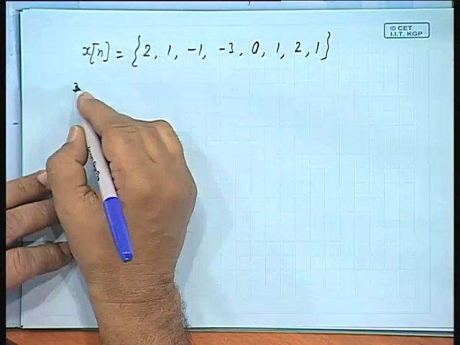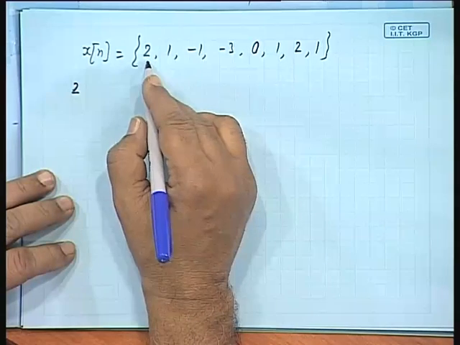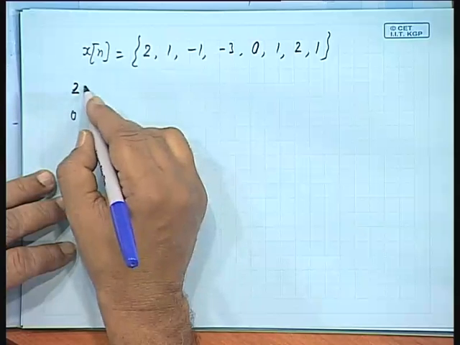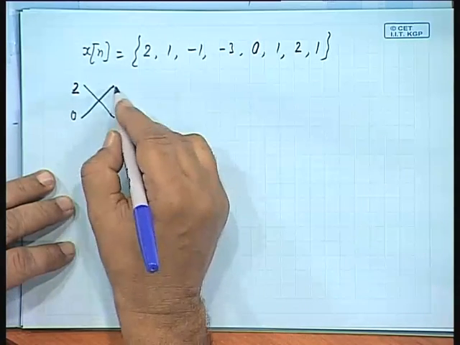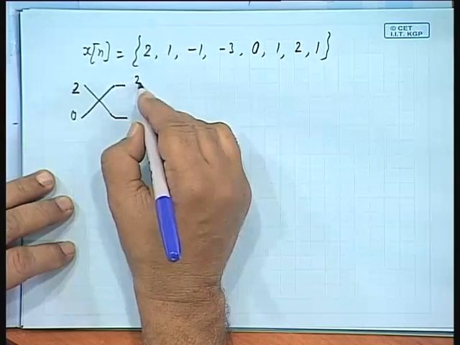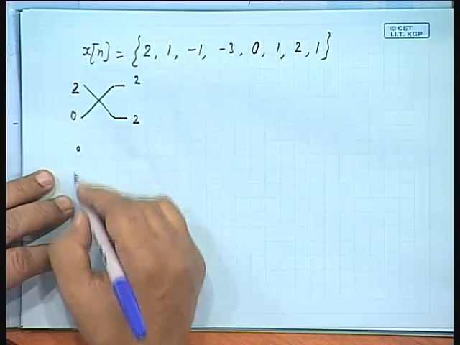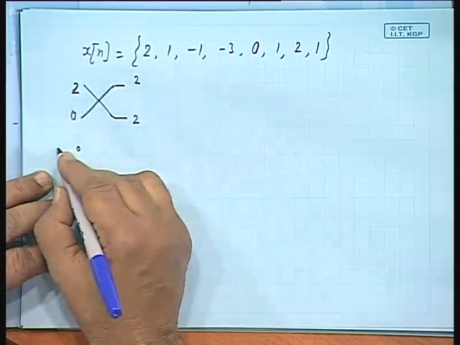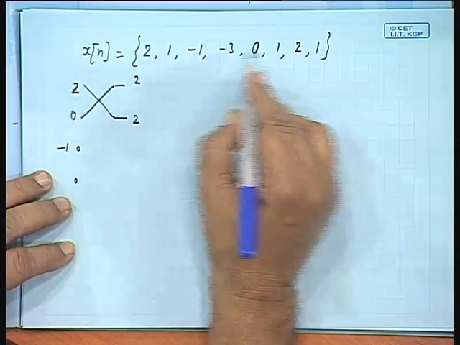So, it will be 2, next it is 4, 0, 1, 2, 3, 4, 0, all right, have a butterfly, then this will be 2 and this will also be 2. Next minus 1 and 2.